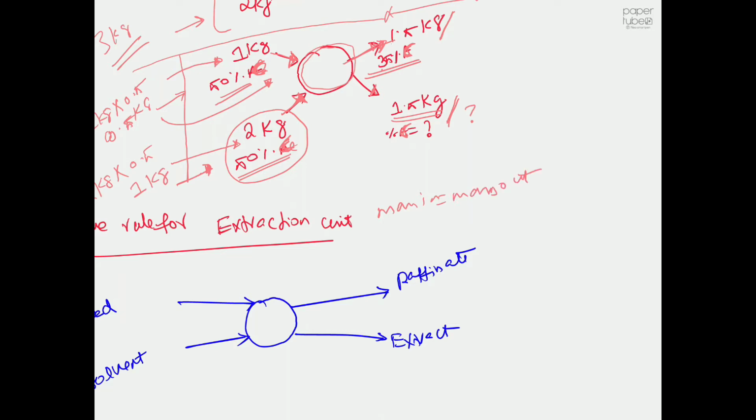In this case 1.5 kg, and 35% of 1.5 kg is C. So the mass of C in this stream should be equal to 1.5 multiplied by 0.35, that should be equal to 0.525 kg. Let me calculate it.